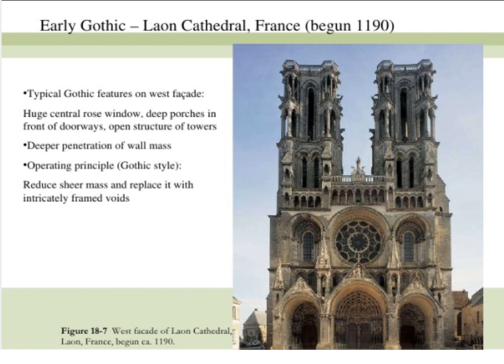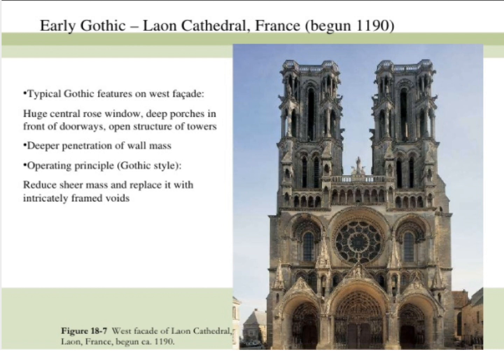This deep cutting of the facade, as well as the deep inset of the rose glass window, brings about a visual sense of reduction of the mass of the wall in front of you.